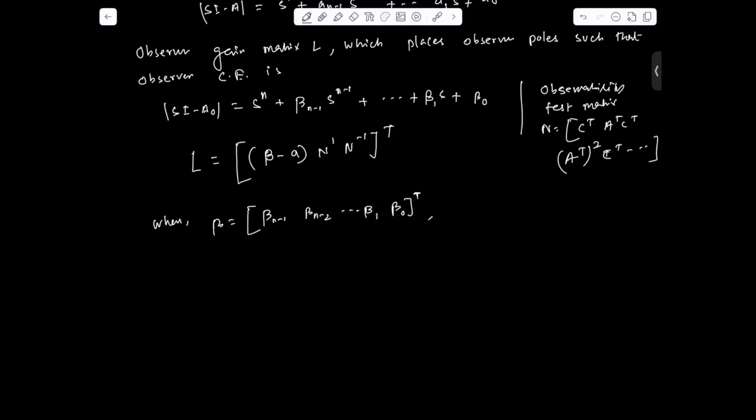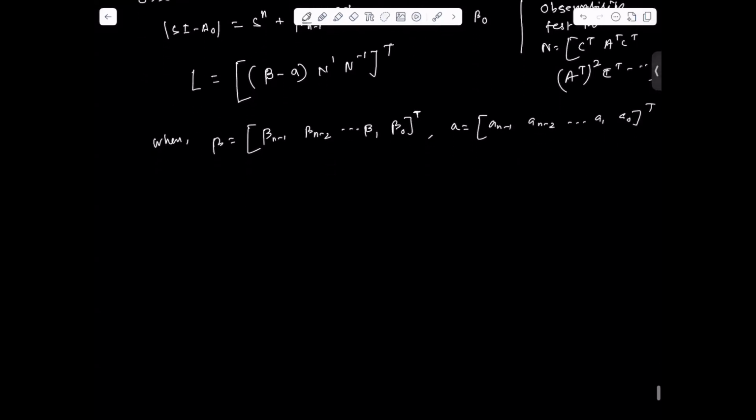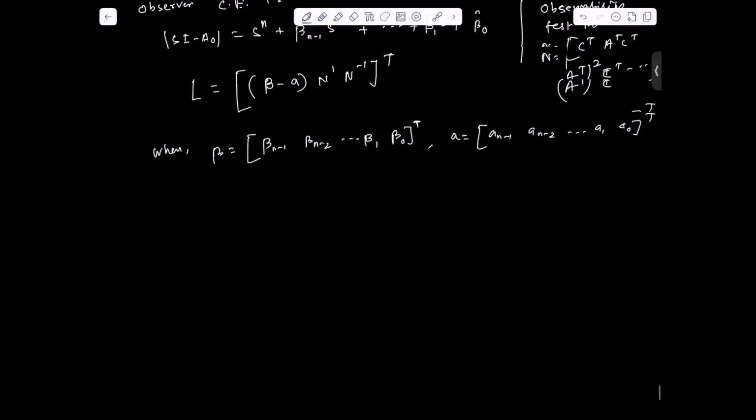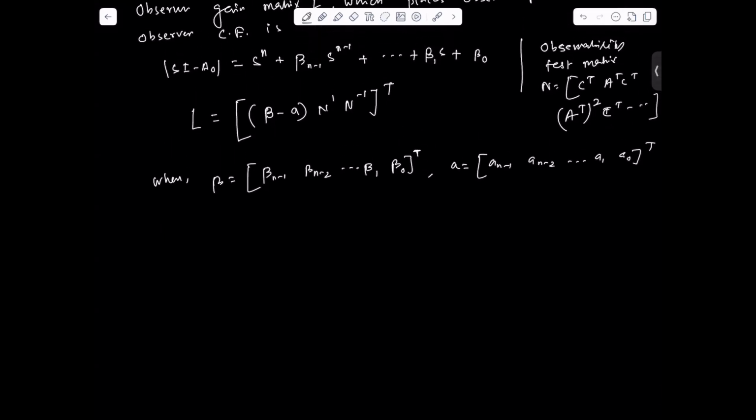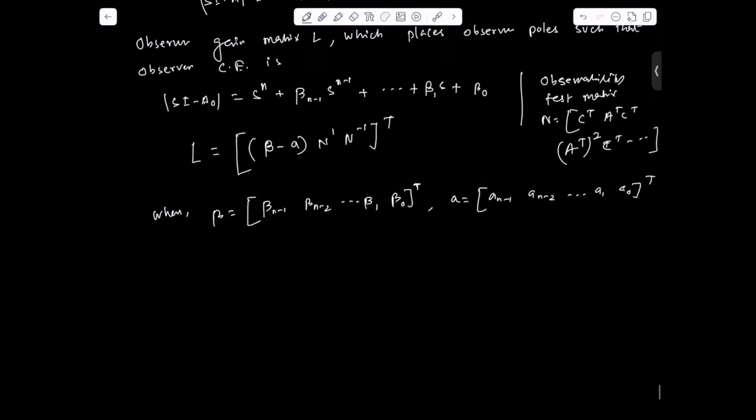And A equals A n minus 1, A n minus 2, dot dot dot A1, A naught, transpose. So this is how we can find the observer gain matrix. I'm not going into detail, so you can find how it is derived.